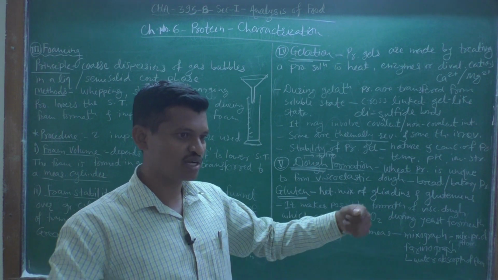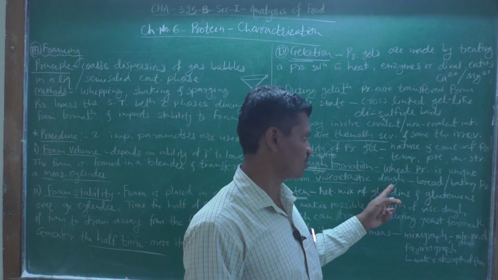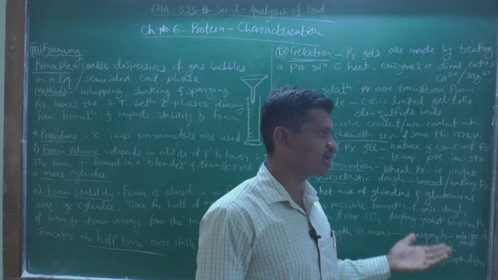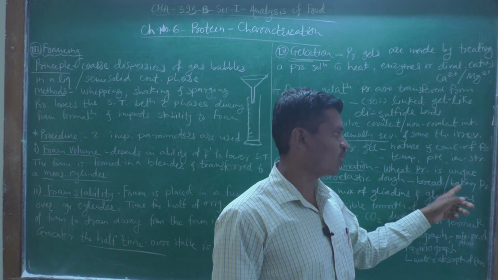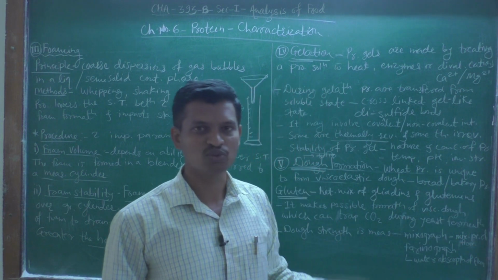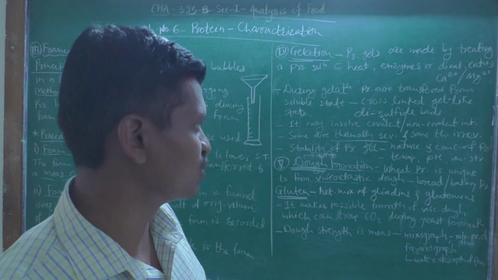When we stretch that material, it elongates, so that's why it is called a viscoelastic dough. It is useful for making bread and other bakery products. So this wheat protein is the most important part in dough formation.